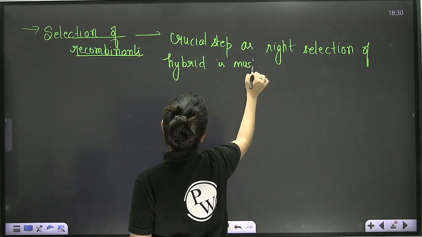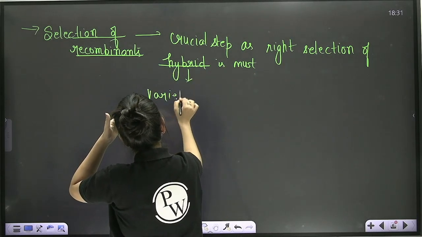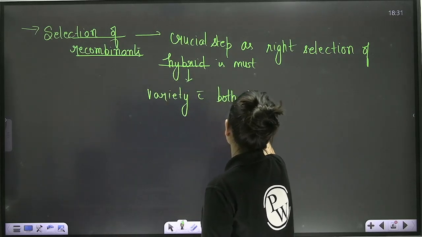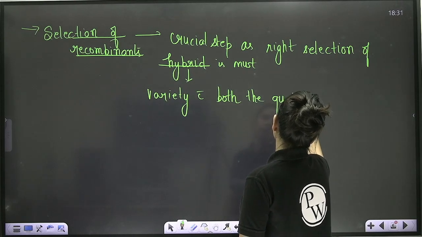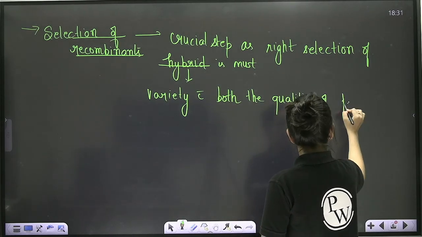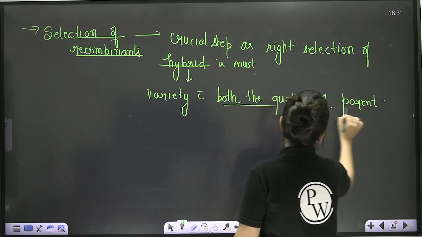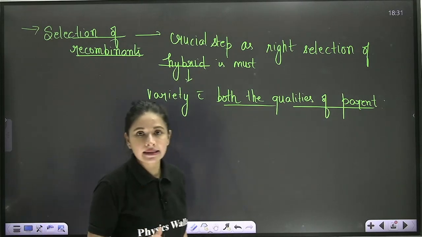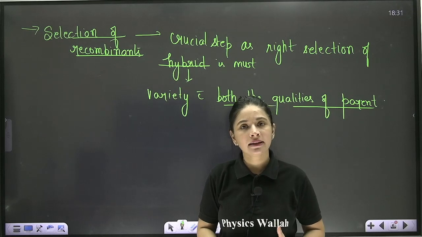Hybrid means a variety having both the good qualities of the parents, right? Correct?